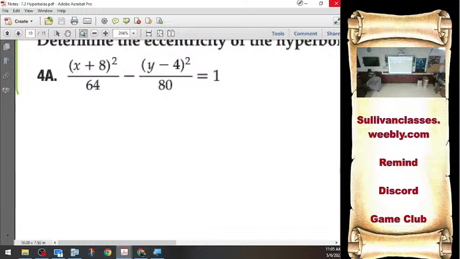Keep the root of A is 64. Was it 144? Yeah. 3 over 2.